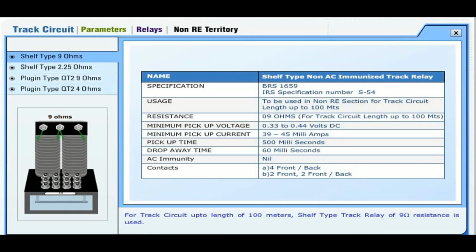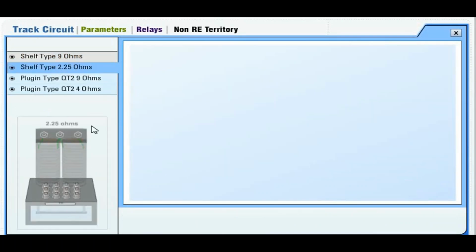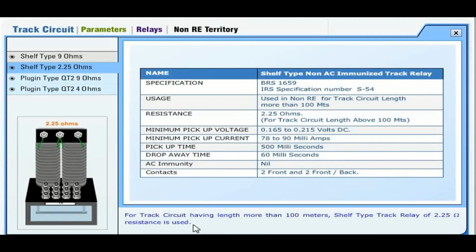For track circuit up to length of 100 meters, shelf type track relay of 9 ohm resistance is used. For track circuit having length more than 100 meters, shelf type track relay of 2.25 ohms resistance is used.